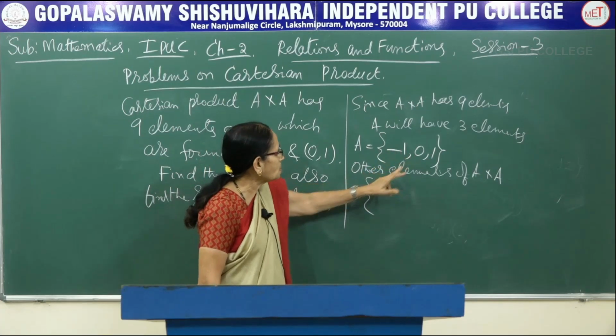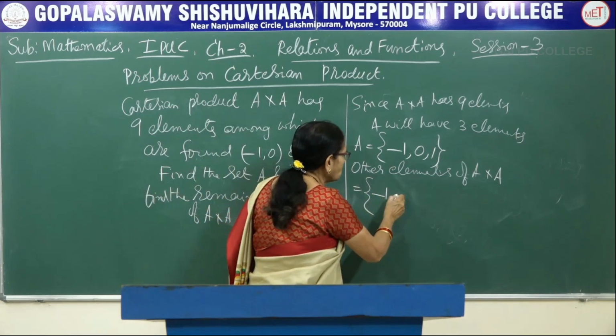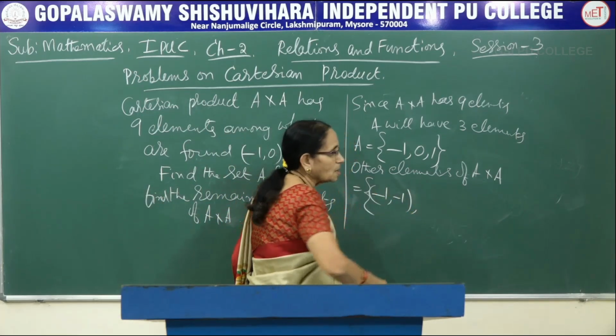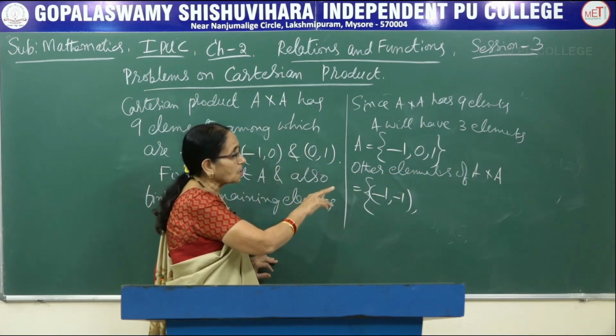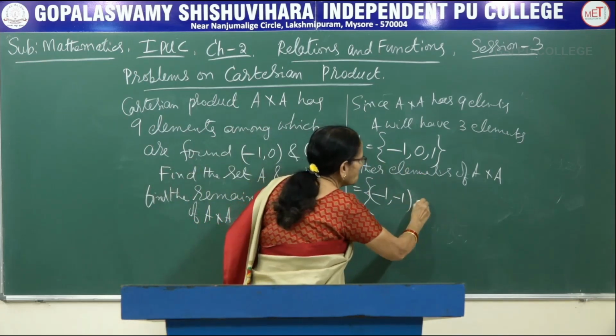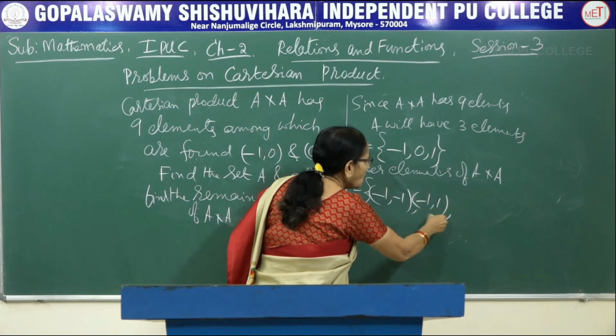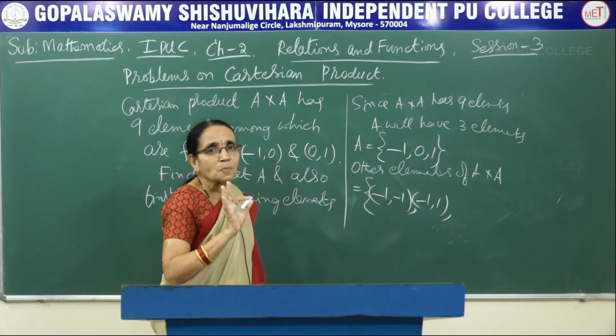So -1 with -1. It is already there, don't write. -1 with 0, it is given, need not write because we are getting only the other elements. Then -1 with 1. So always know, if you go in a systematic way, certainly you will not miss any element.